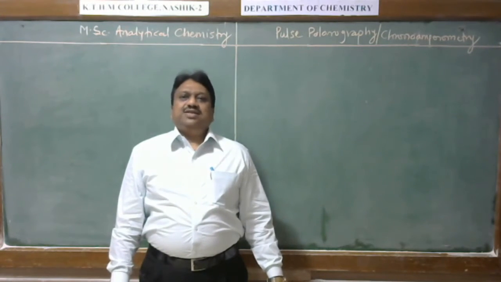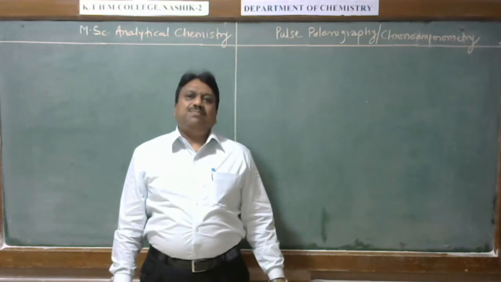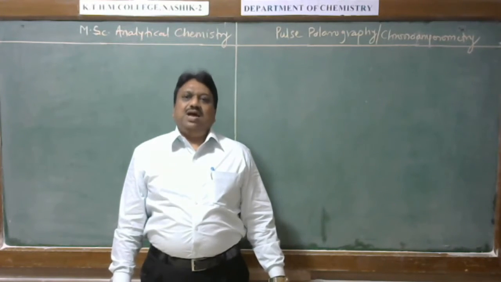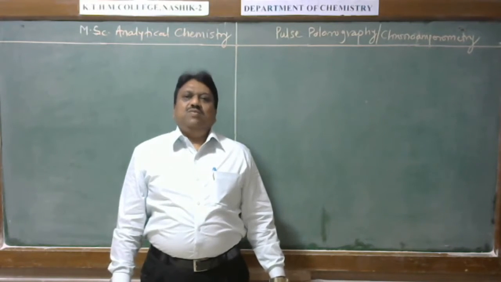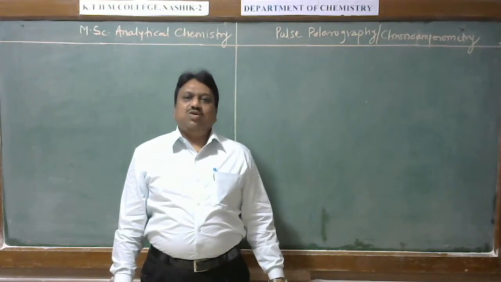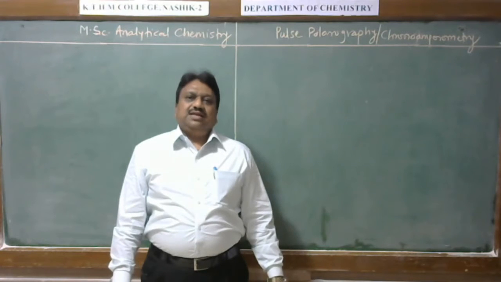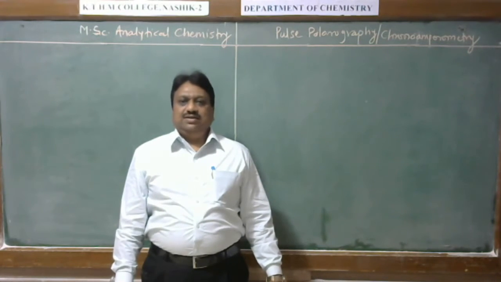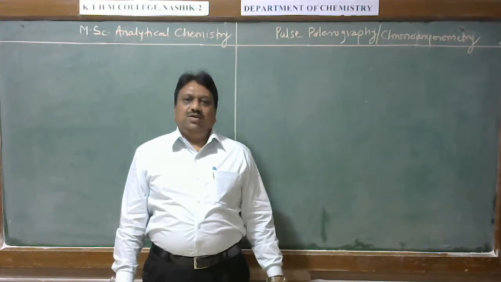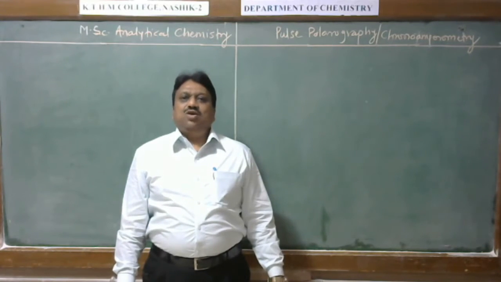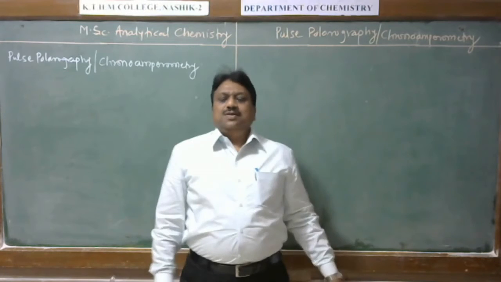Students, in the previous lecture we discussed current sample polarography as well as current sample derivative polarography for increasing the sensitivity of analyte measurement below 10 raised to minus 6 moles. In this technique, we optimize the ratio of faradic current to non-faradic current for increasing the sensitivity of the measurement.